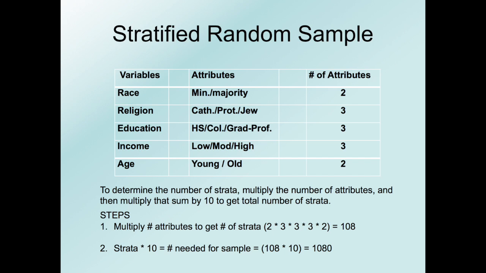To determine the number of strata, we multiply the number of attributes together, so 2 times 3 times 3 times 3 times 2 gives us 108. That means if we create a little matrix for our sample, we've got 108 little boxes to fill for all the combinations of people that meet all possible combinations of those characteristics.